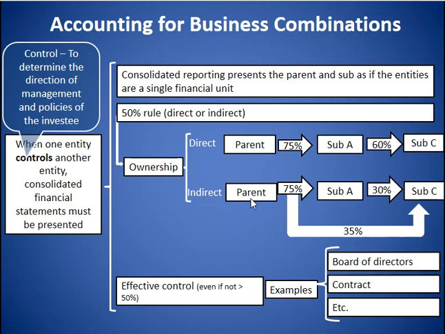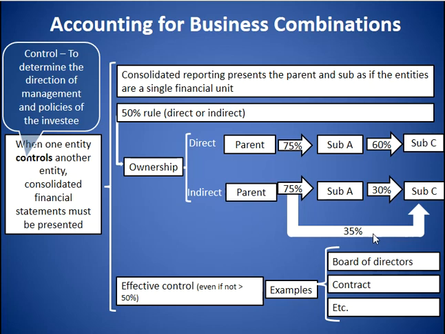Here's an example where the parent controls 75% of sub A, and sub A controls 30% of sub C. Now, that's not enough to hit the 50% mark, but in this case, we also know that the parent owns a portion of sub C. In this case, it owns 35% of sub C. So in effect, if we look at the total controlling interest, it's the 30% from sub A plus the 35% from the parent company.